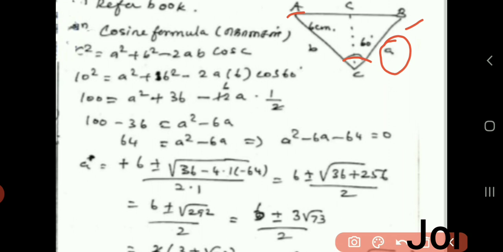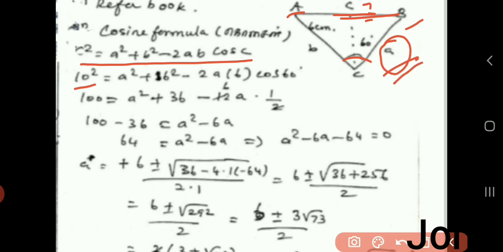So now take the same cosine formula we are going to use here. That formula is C square equal to A square plus B square minus 2AB cos C. Here that C is 10, because that distance, 10 kilometer apart from them, is given. That C is nothing but the distance between the two helicopters. So 10 square equal to A square, which is not given, that only we want to find here.